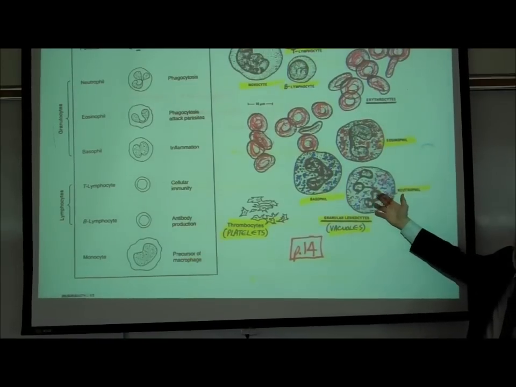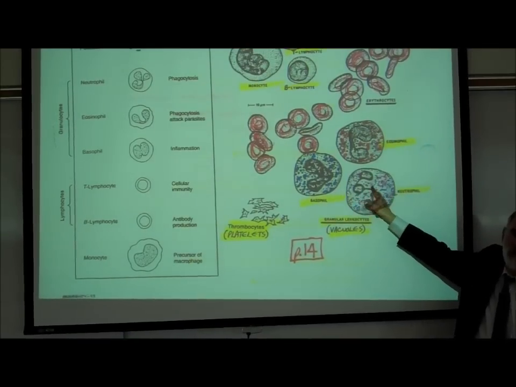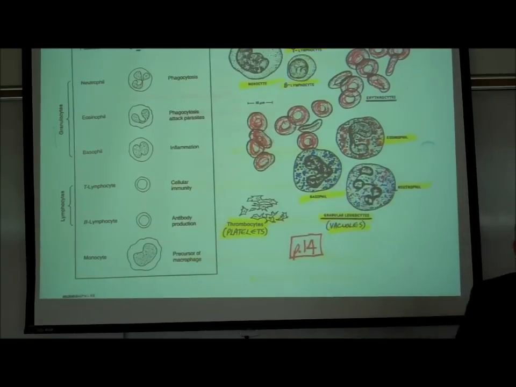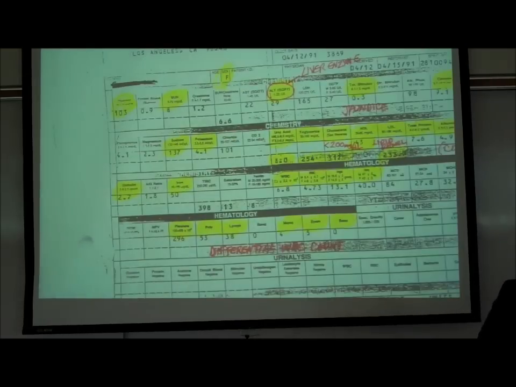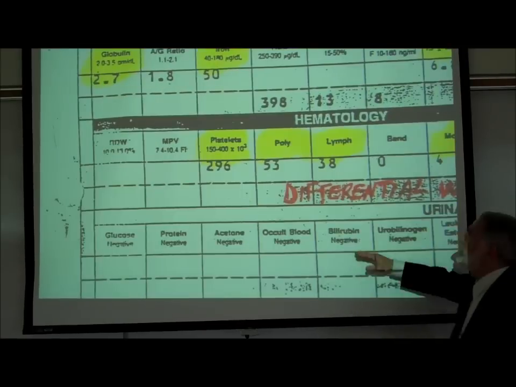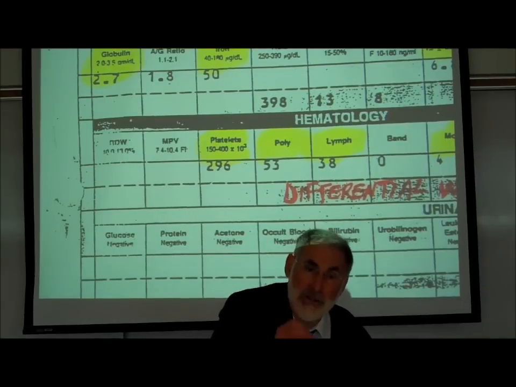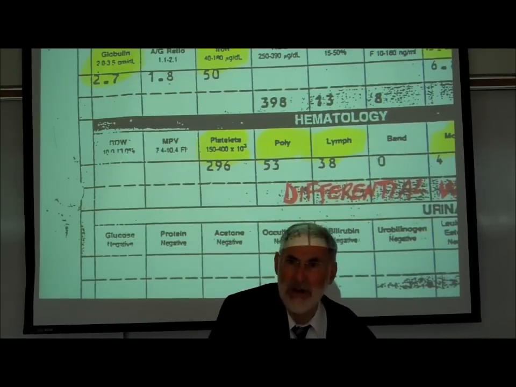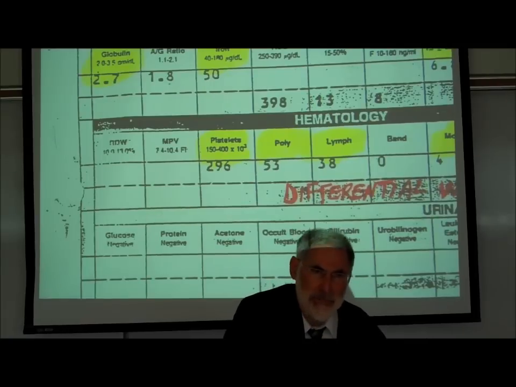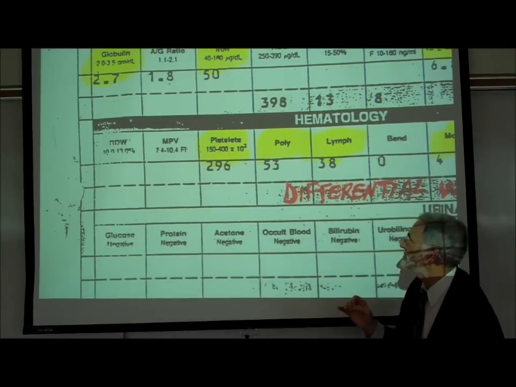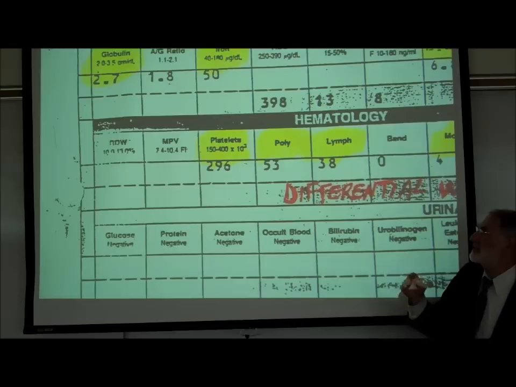The majority are neutrophils. Notice their nucleus, it's very weird. Back on our chart on page 224, where it says poly, the majority of polymorphonuclear-cytes are neutrophils. Neutrophils are the major type of white blood cell. 60 to 65% of all of our white blood cells are polymorphonuclear leukocytes.